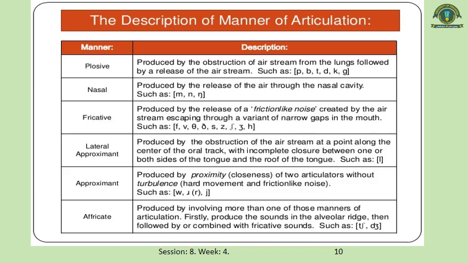P, B, T, D, K, G. What sounds fall under nasal manner? M, N, Ing. What sounds fall under fricative manner? F, V, Th, The, S, Z, Sh, J, H.